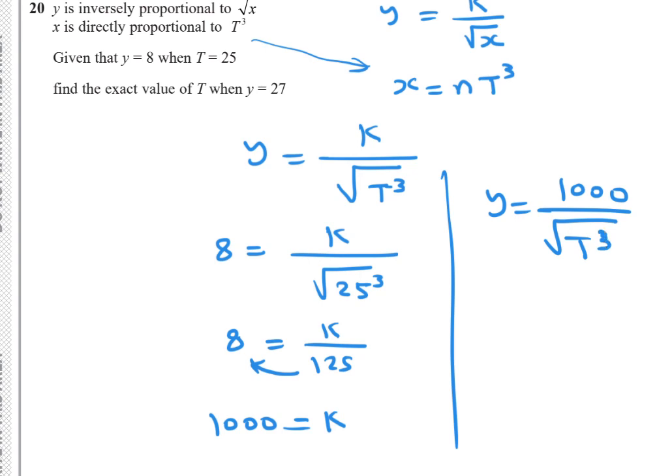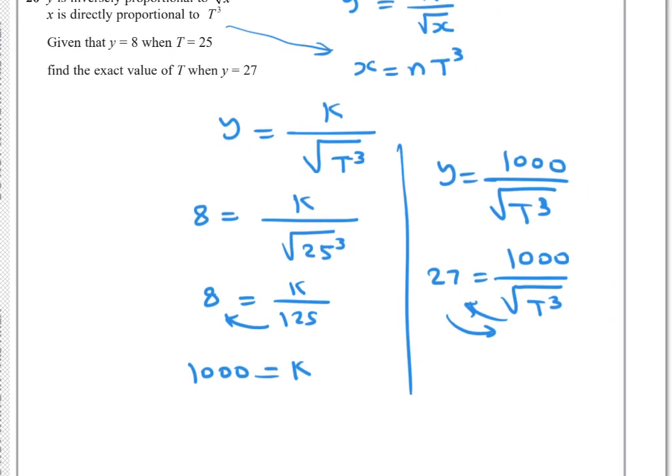Now to find t when y equals 27, put y equal 27. So 27 equals 1000 over square root t power 3. You can switch between 27 and square root of t power 3. So square root of t power 3 equals 1000 over 27.